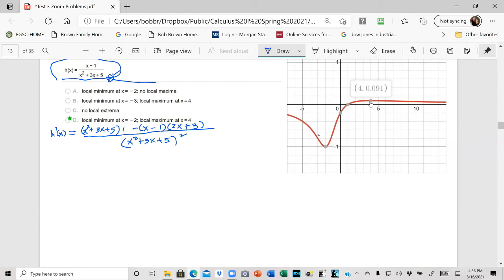Now we need to simplify this. H prime of x is equal to x squared plus 3x plus 5 minus, we'll have to FOIL this out, and we will get 2x squared plus x minus 3, all divided by the denominator squared.